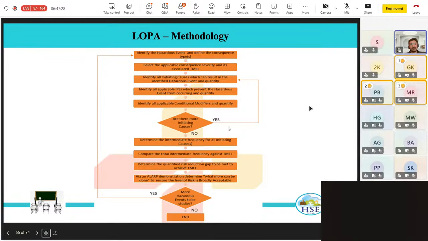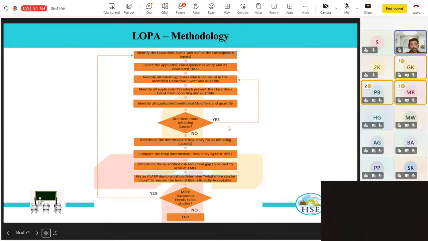Now remember, for a LOPA study, it is imperative that you look at each consequence. You may have tabulated n number of consequences in the HAZOP, but in a LOPA study, look at each consequence as a single initiating event and then do the evaluation. Do not try to mix the consequence events. I will show you a flow sheet where the client insisted on mixing it, but the problem is that the cumulative TMEL values and all those things change.